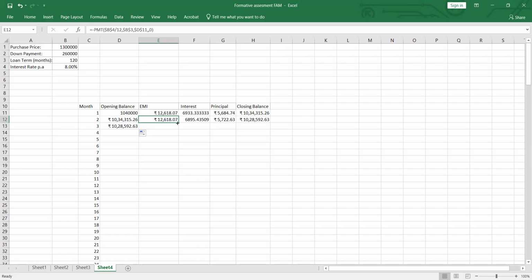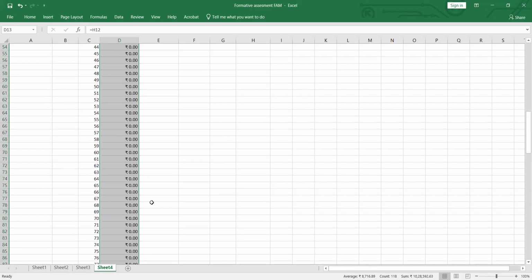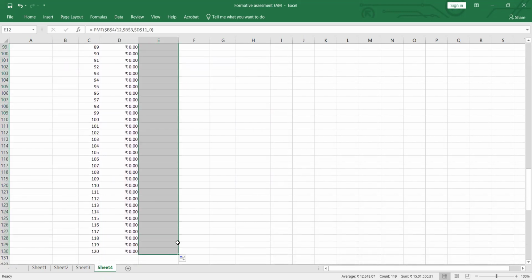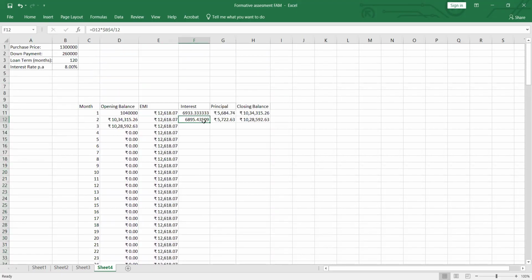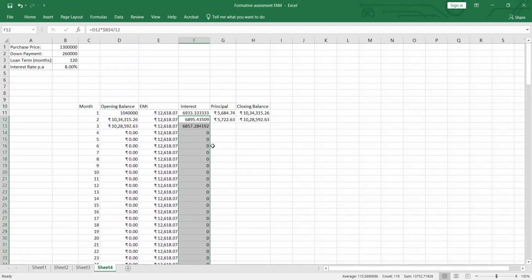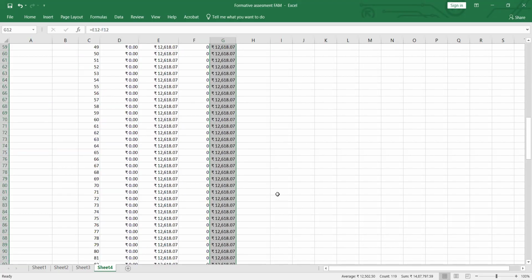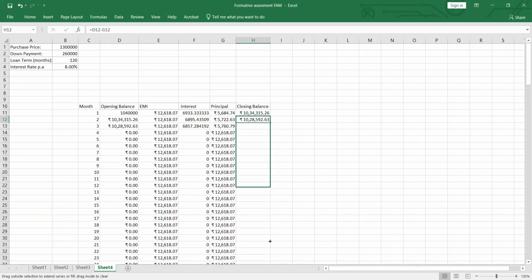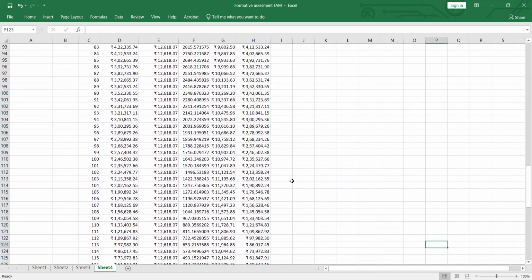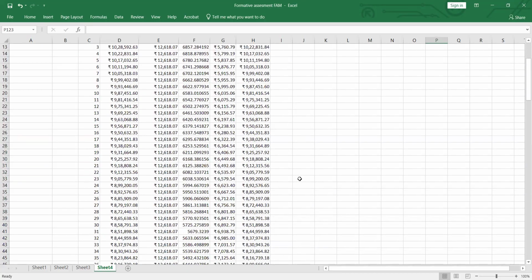I individually typed the 120. So my answer is correct. There was some glitch because I put it individually. Now you can see the answer.